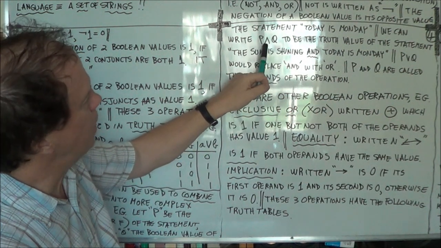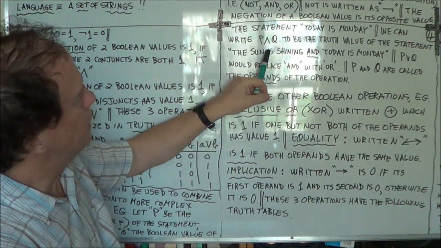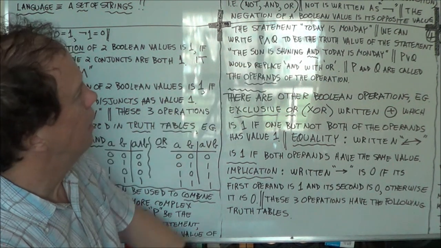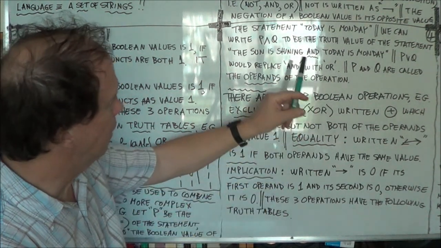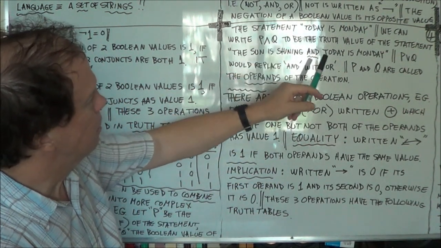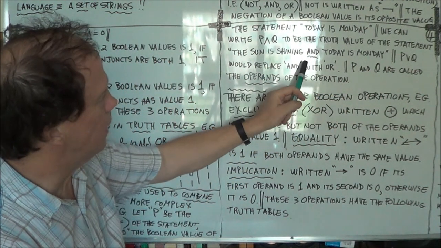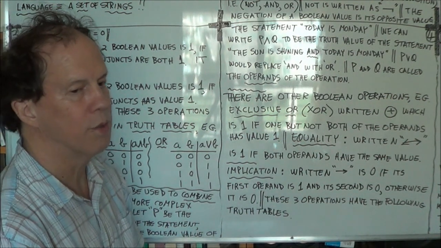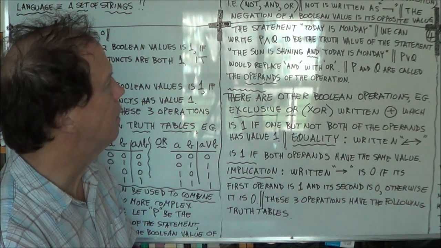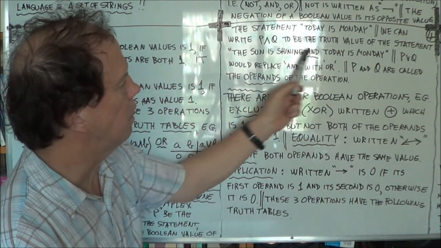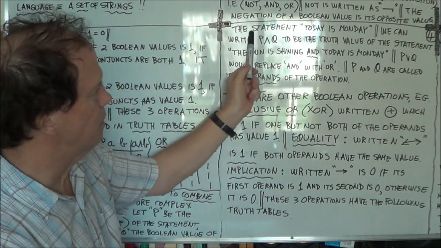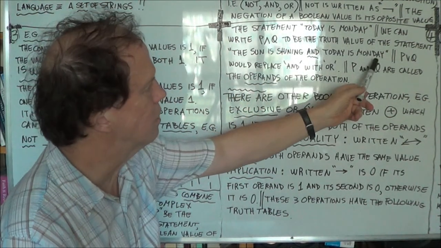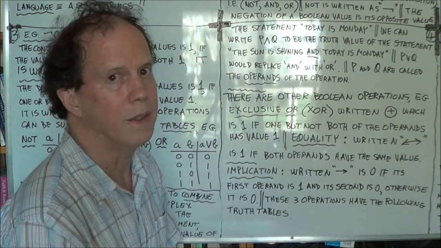Like here, this would be P and Q. So that would be the truth value, in other words, true or false, of a combined statement, like the sun is shining and today's Monday.